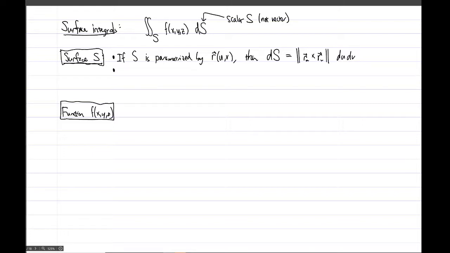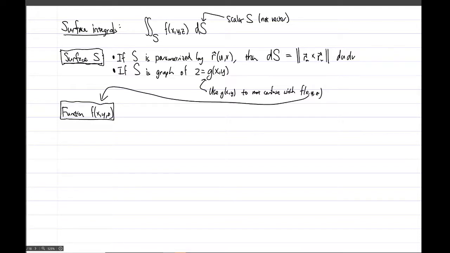The other way that S could be described is if S is the graph of z equals g of x comma y. By the way, we use g of x comma y to not confuse this with lowercase f of x comma y comma z, which we still need to talk about next.